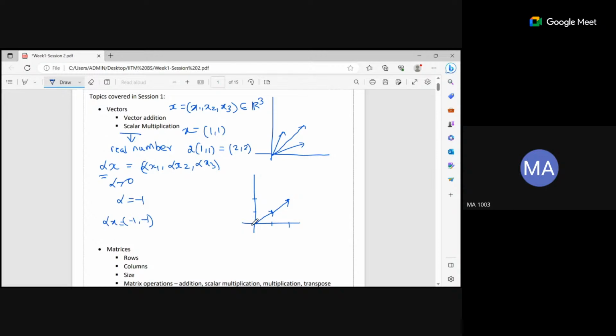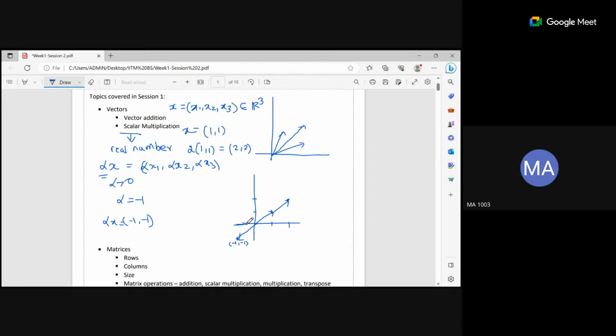So maybe this is the point minus 1, minus 1, and it gets extended in this direction. Anyway, scalar multiplication just extends the vector either in this direction or the other direction. So scalar multiplication does not change the direction of the vector.